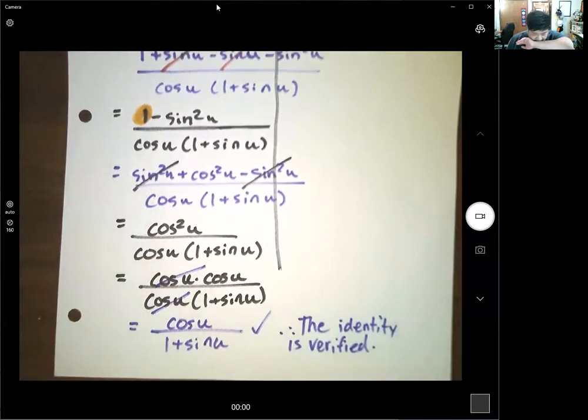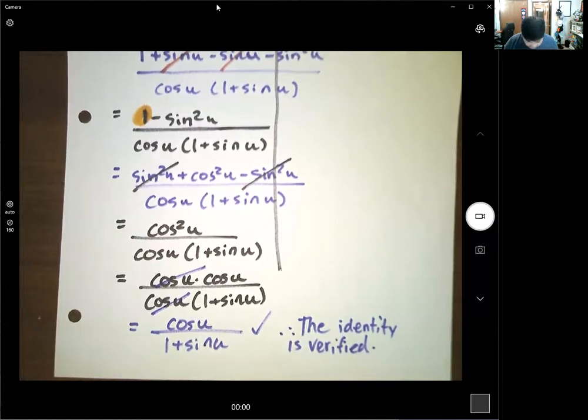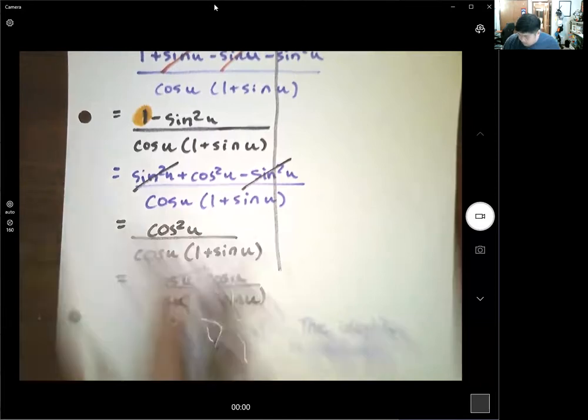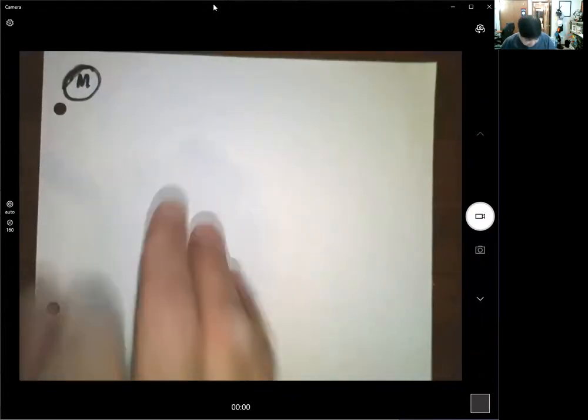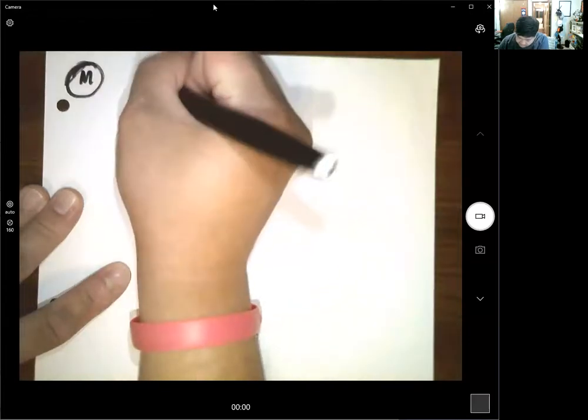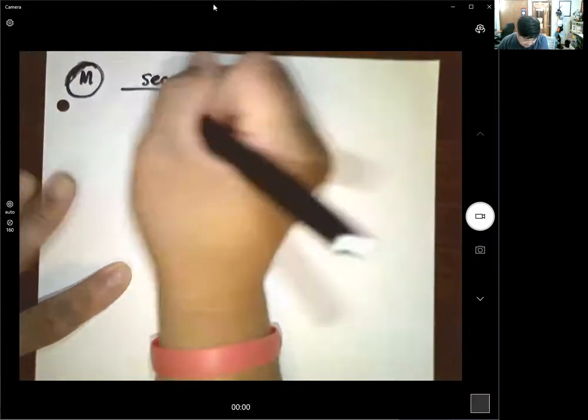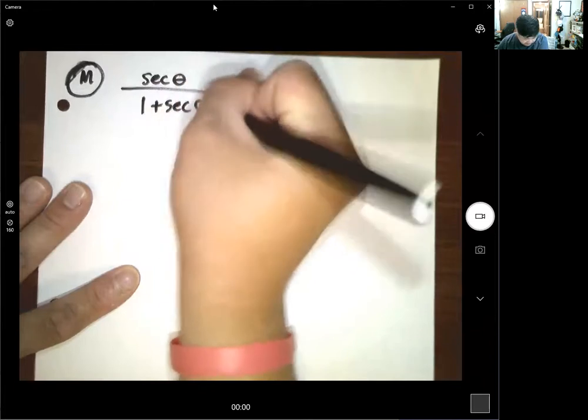All right. So again, I really hope that you are enjoying this type of problem here, because we only have 2 more to go. All right, problem M. And again, there are lots of techniques for verifying identities, but I've been using some of the same techniques over and over again, primarily so that I show you that the techniques always work.